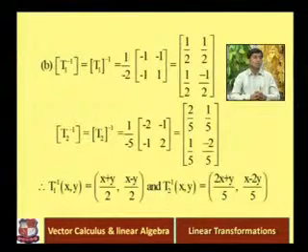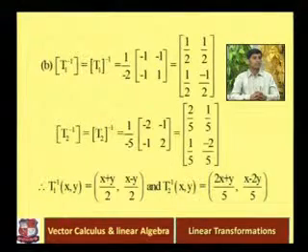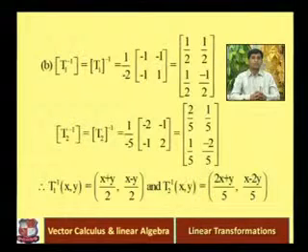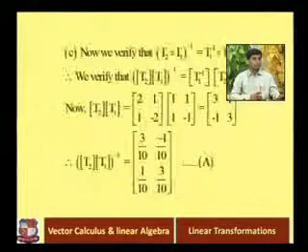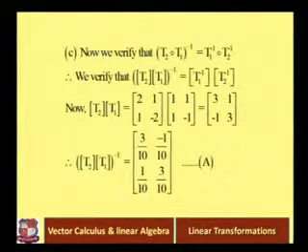So T1 inverse of (x, y) is ((x + y)/2, (x - y)/2), and T2 inverse of (x, y) is ((2x + y)/5, (x - 2y)/5). Next we want to prove that the inverse of T2 composition with T1 is equal to inverse of T1 composition with inverse of T2.